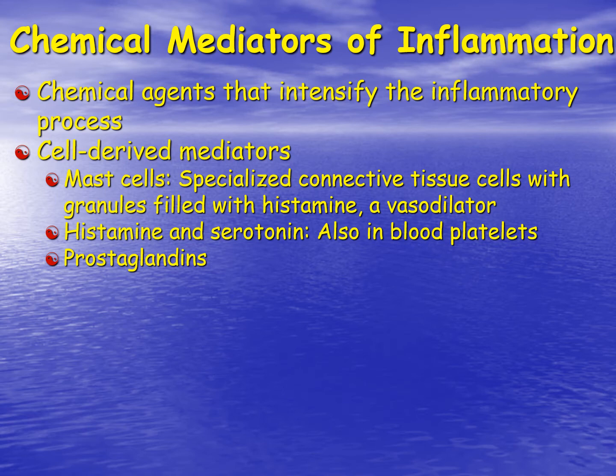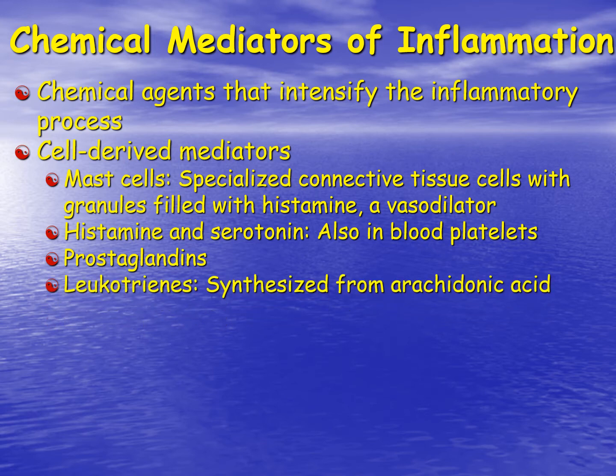One of these groups is known as the prostaglandins, and they have a variety of effects, one of which is that they are going to be vasodilators as well as increase vascular permeability, but one group of the prostaglandins actually stimulates nociceptors. So early on, this is what is going to be one of our chemical mediators of pain.